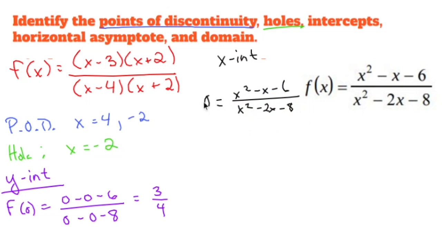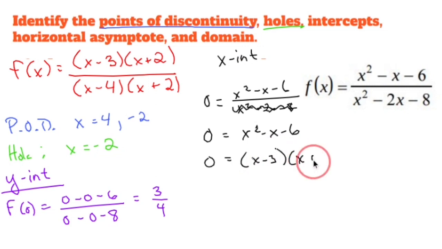Now I multiply both sides by the denominator, which eliminates that entire thing. I'm left with x squared minus x minus 6. Using the zero product property, that factors to x minus 3 and x plus 2, which means my x-intercepts are 3 and -2.